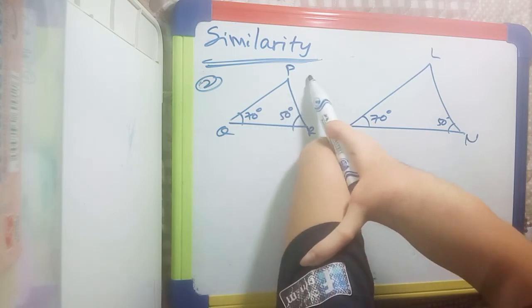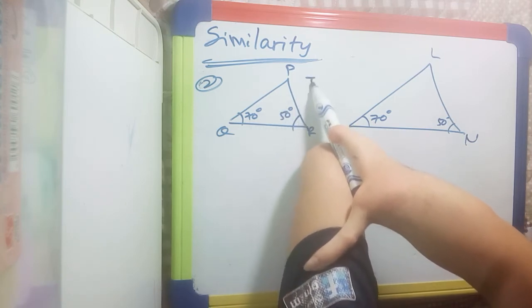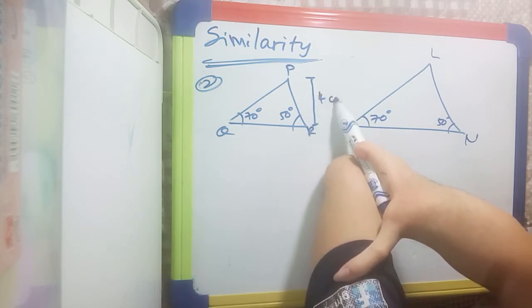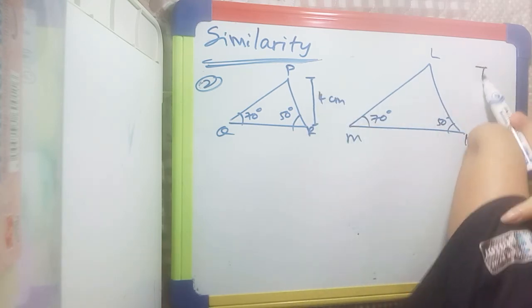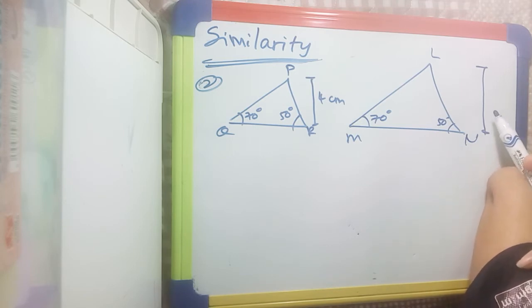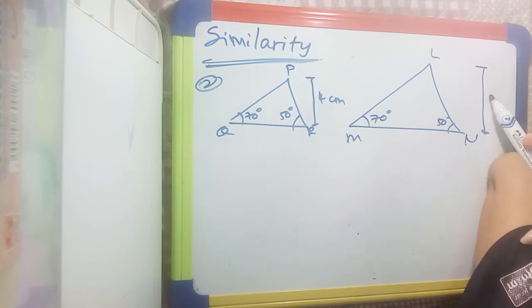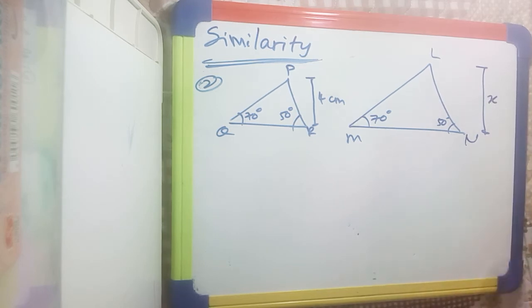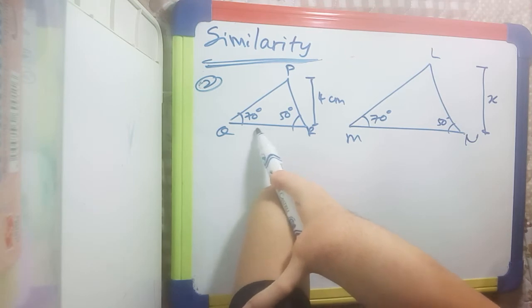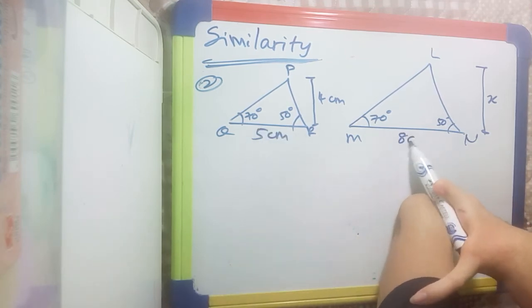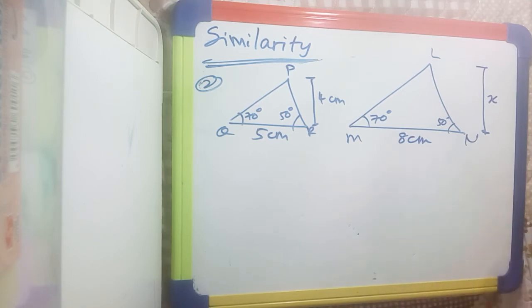Given for the small triangle, let's say the height is 4 cm. And over here, the height is, let's say, x. Let's say the side over here is 5 cm, and the side over here is 8 cm.